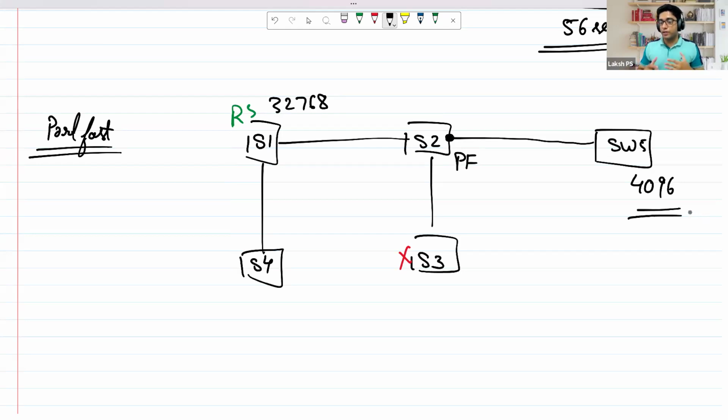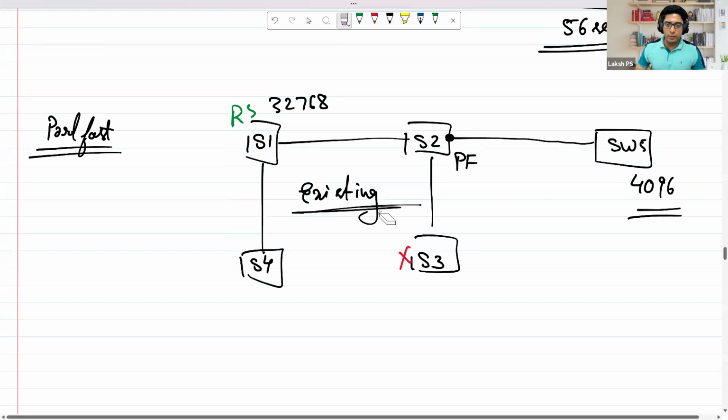We know that the switches first compare the priority, and only then do they compare the MAC address. Here switch 5's priority itself is 4096. And I, by mistake, connected this switch number 5 to a port fast interface in an existing network. This is an existing, smoothly running network. By mistake, I connected it over here.